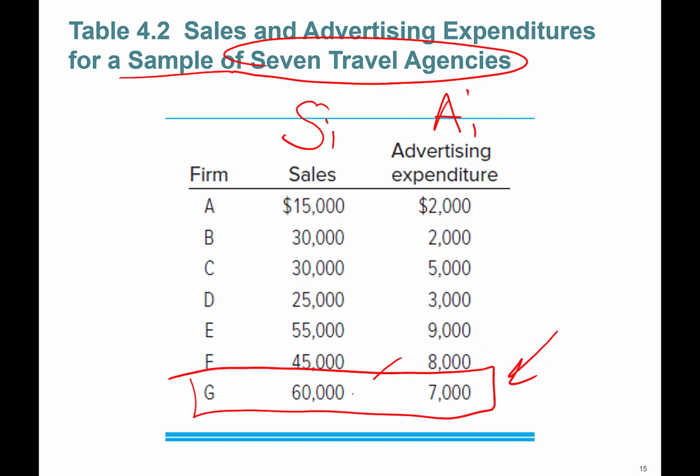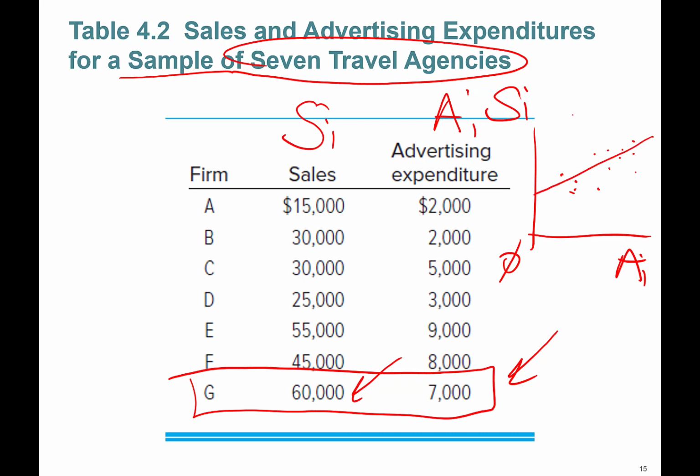The real value of the sales is $60,000. So these are all scattered data points on the sales and advertising x and y axis plane, right? These are all scattered data points, so they really don't connect with a straight line.